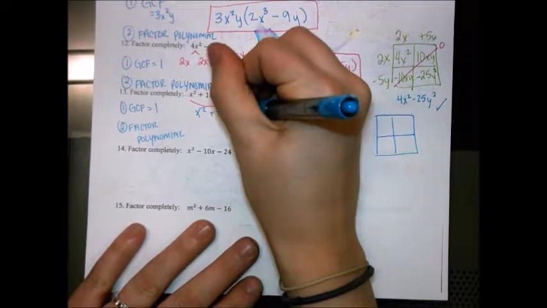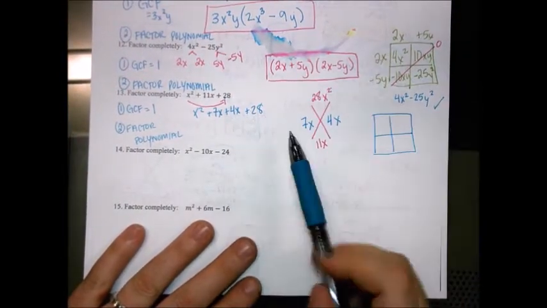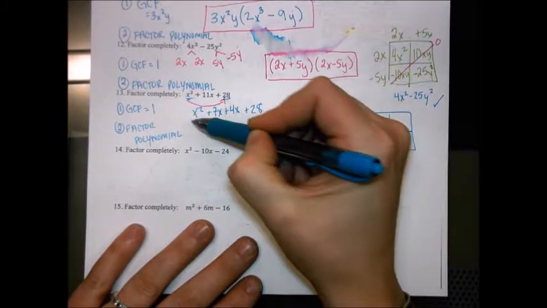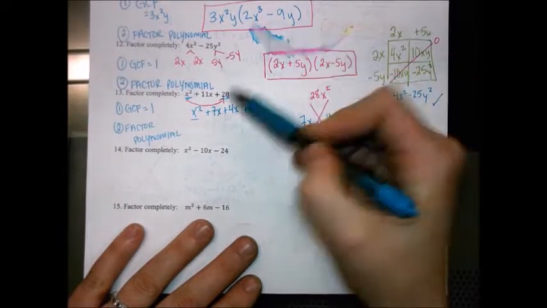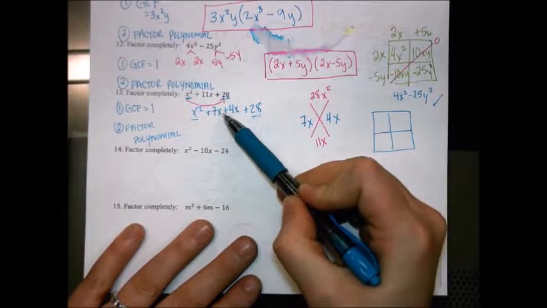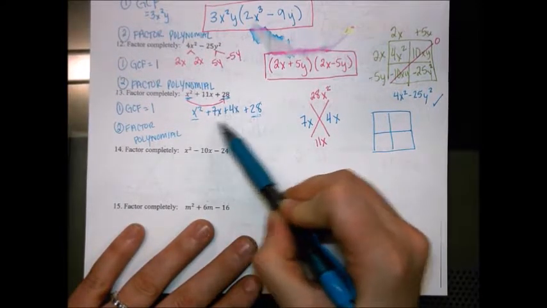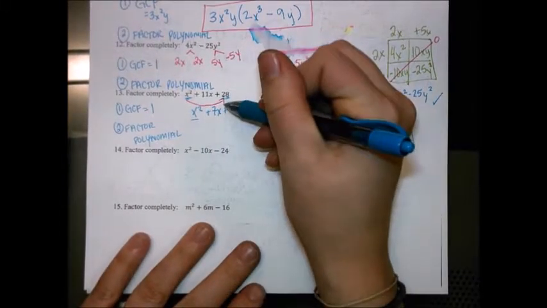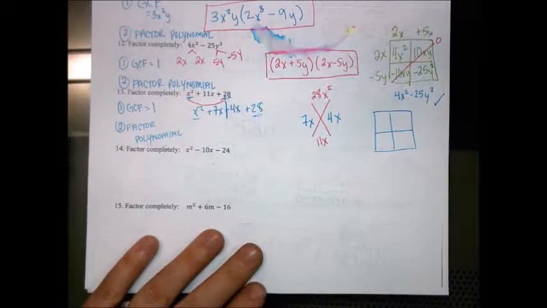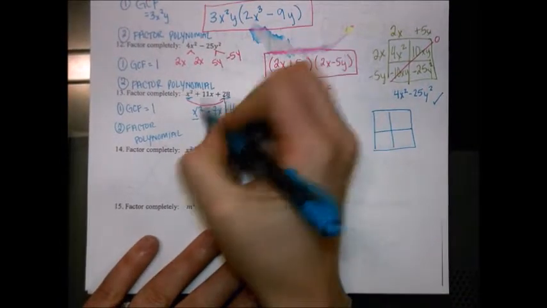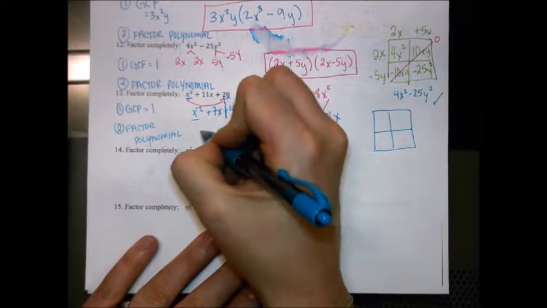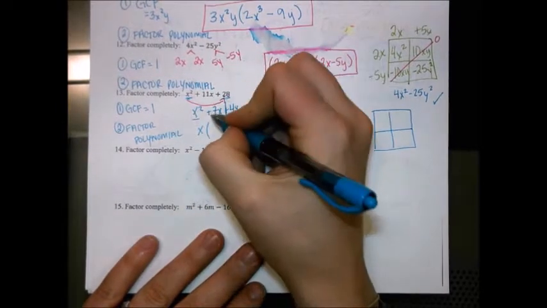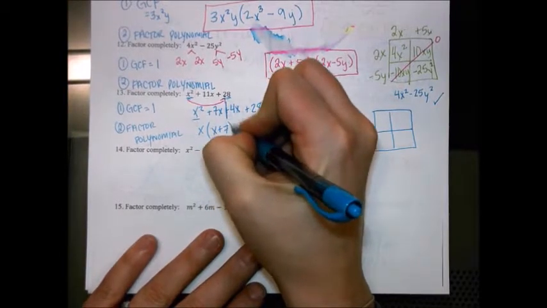So if I use grouping, I want to write my first term and my last term exactly the same, but I split up my 11x to be 7x plus 4x, because this still equals 11x, but I want to split it so that I can make two groups that have two binomials each. My greatest common factor between x squared and 7x is x. And then I divide each of those by x, and I'm left with x plus 7.